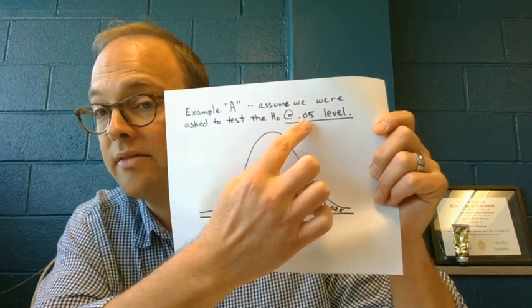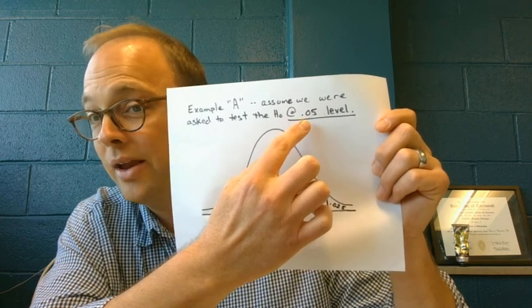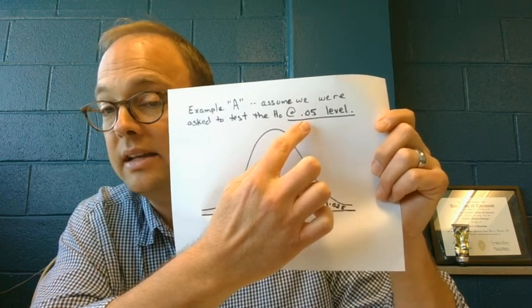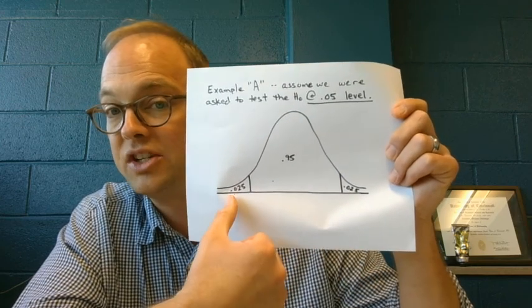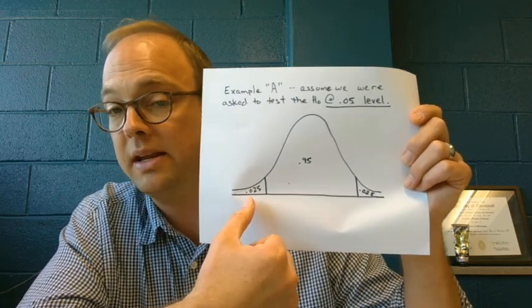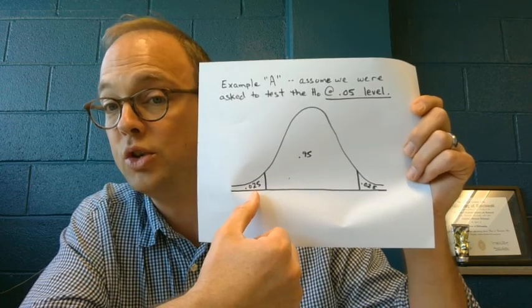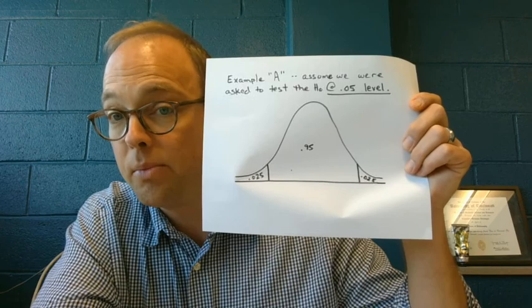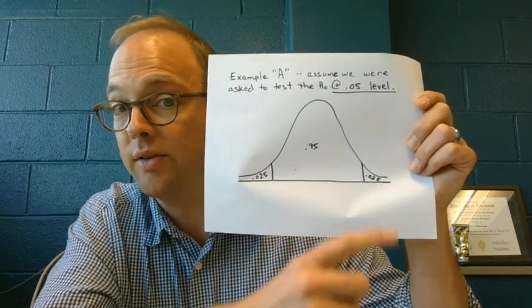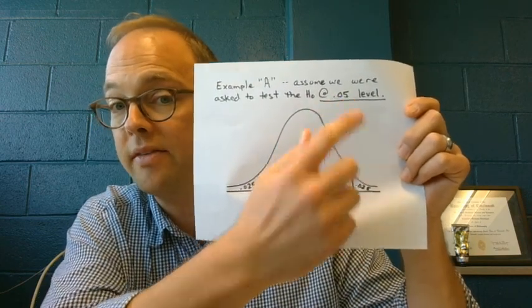That 0.05 amount needs to be split evenly between the two tails. So each tail takes up 0.025. If you added them together, 0.025 plus 0.025, you would get 0.05.